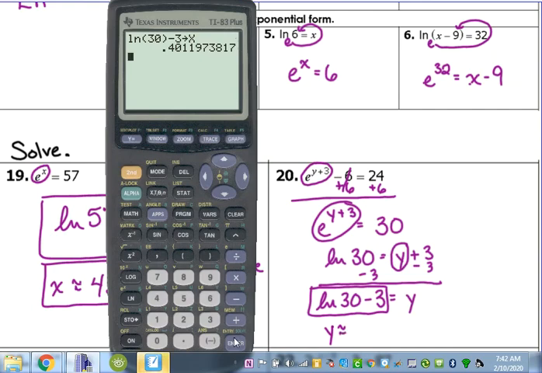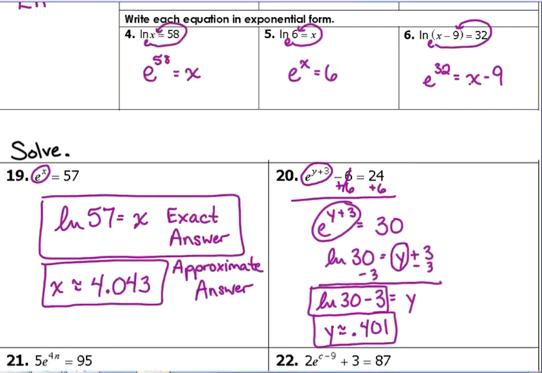So y is approximately 0.401. And we can go back to the original, second in the natural log button, x plus 3, close the parentheses, because that's all that's in the exponent, and then minus 6, and that confirms that our answer is the natural log of 30 minus 3, or approximately 0.401.